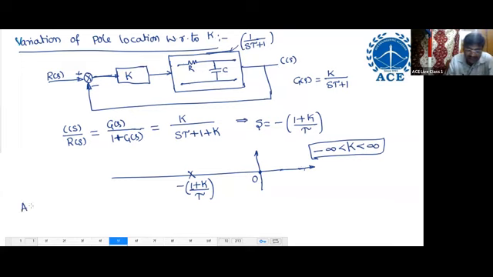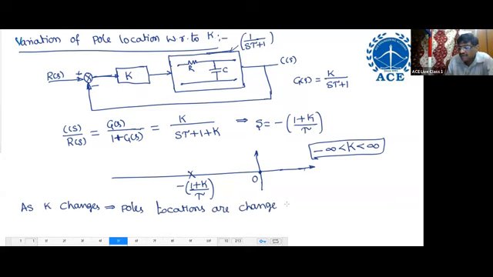As k changes, pole locations change, and system response characteristics change. Okay, this should be remembered.